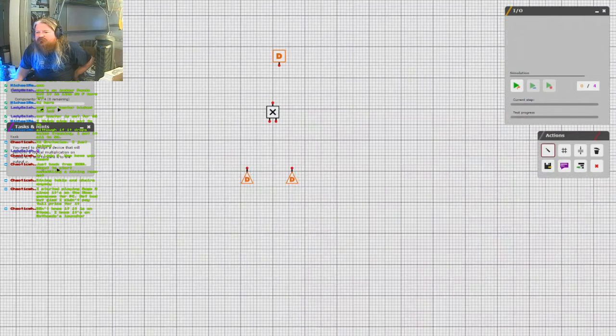Wire placement, I need to go from there to... Start the simulation.